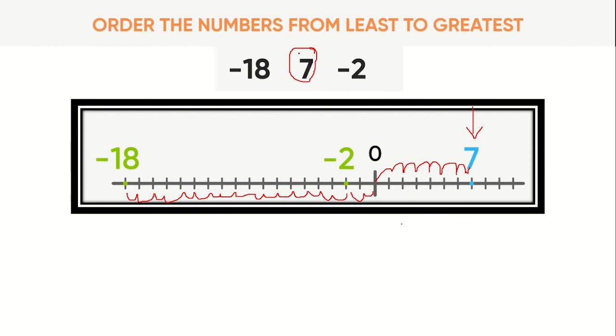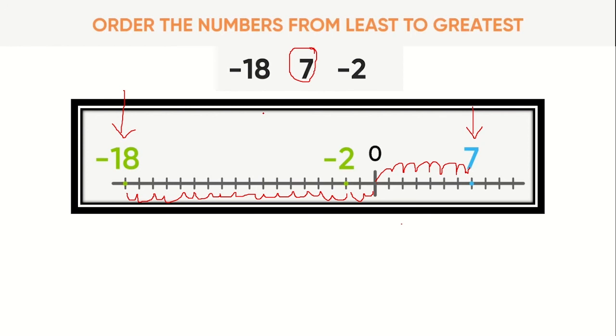Since both numbers are negative, we can now use the second shortcut. The farther the number is from 0, the lesser the value is. Since negative 18 is the farthest number from 0 compared to negative 2, negative 18 is the least.